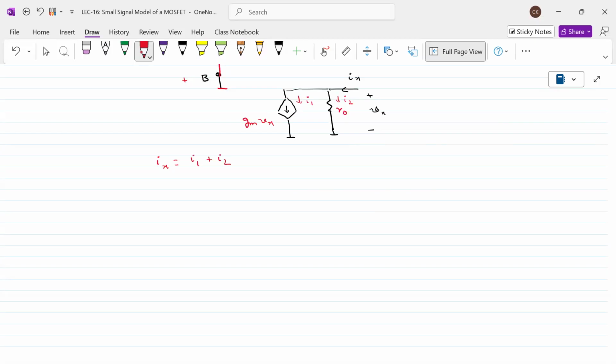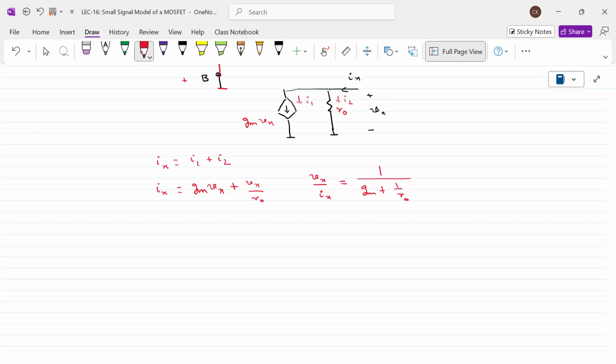What is I1? Gm into Vx. What is I2? Vx divided by R naught. Right? Can you please tell me what happens to Vx divided by Ix? It is equal to 1 by Gm plus 1 by R naught.